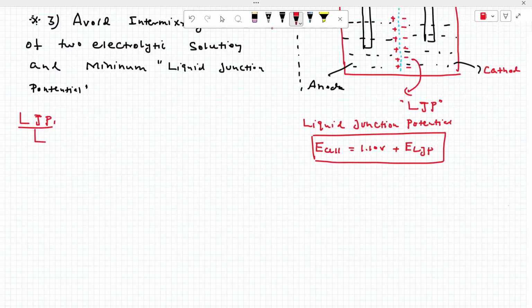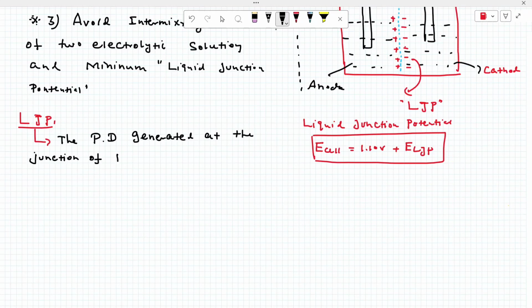The potential generated, please note, the potential difference generated at the junction of the two electrolytic solutions separated by SPM, semi permeable membrane. Okay, this is very important. Please know.